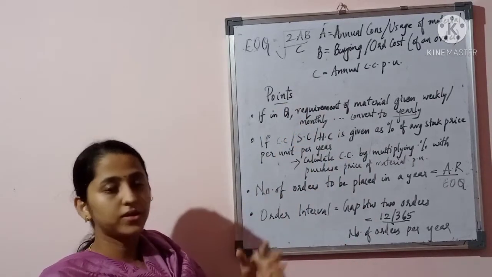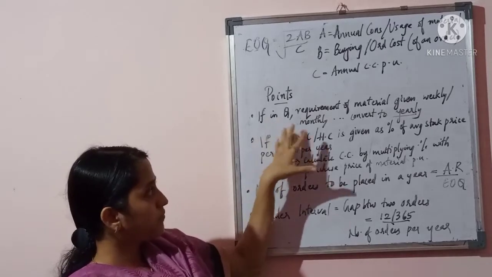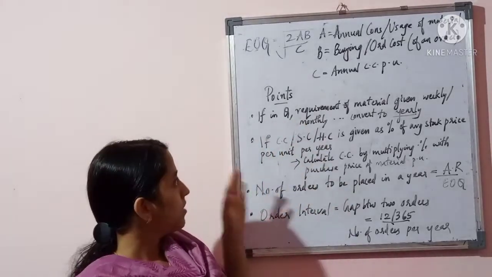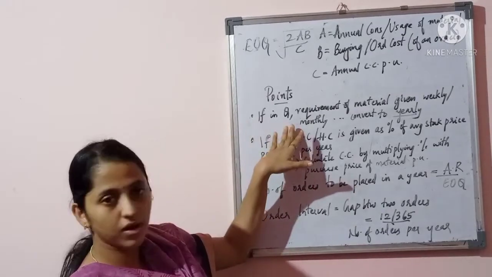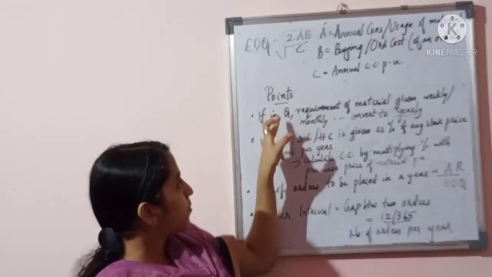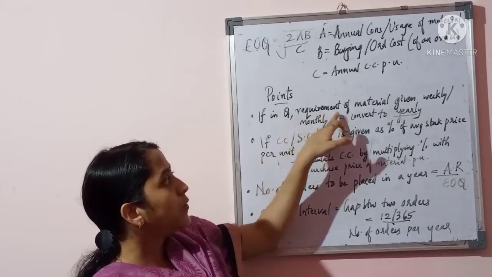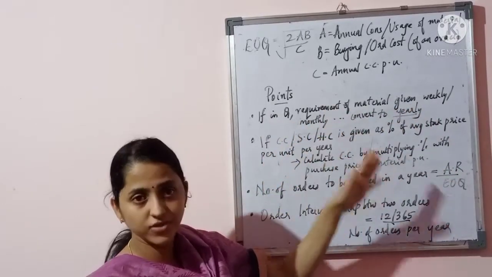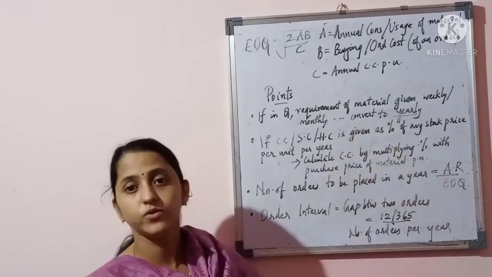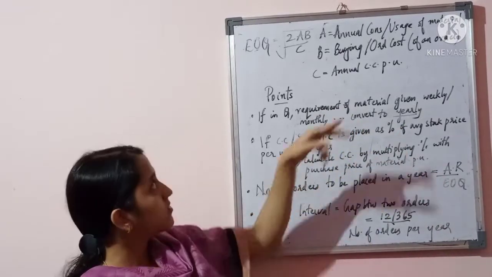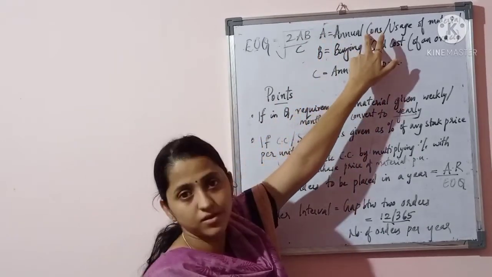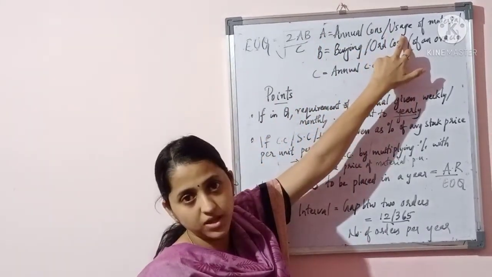These points will be more clear if we do a problem. Before that, I'll just read them out. If in the question the requirement of material is given weekly, monthly or half yearly, then we have to convert it to yearly, because in the formula A is annual consumption or usage of material.